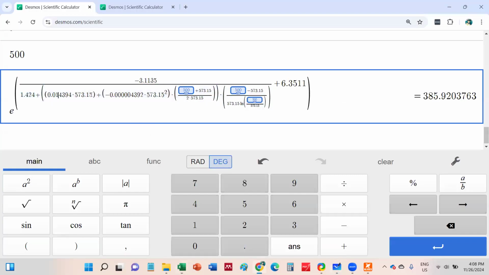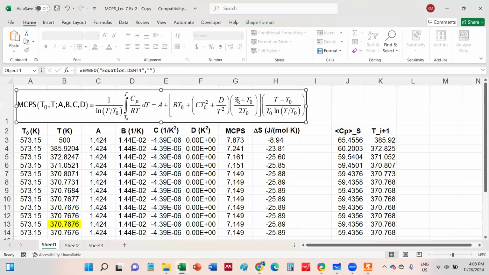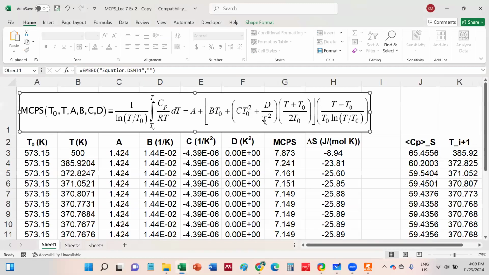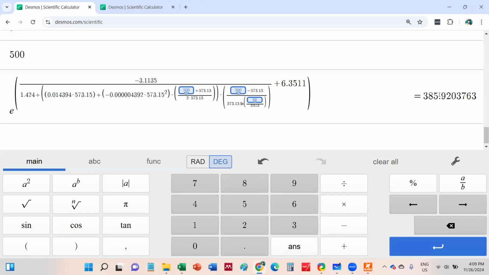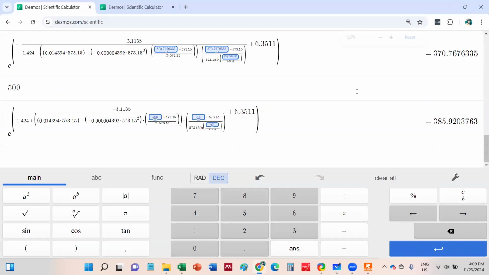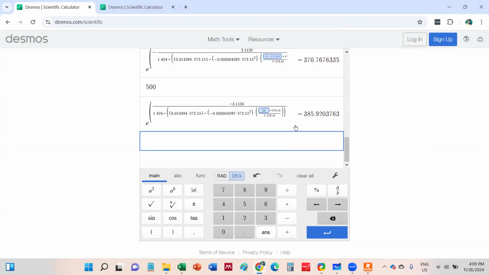So basically, I inputted everything, and wherever T appears, or in our case T2, wherever this variable appears, I replace it with ans. This one, ans. Okay? And then after that, you simply enter and enter over and over again.